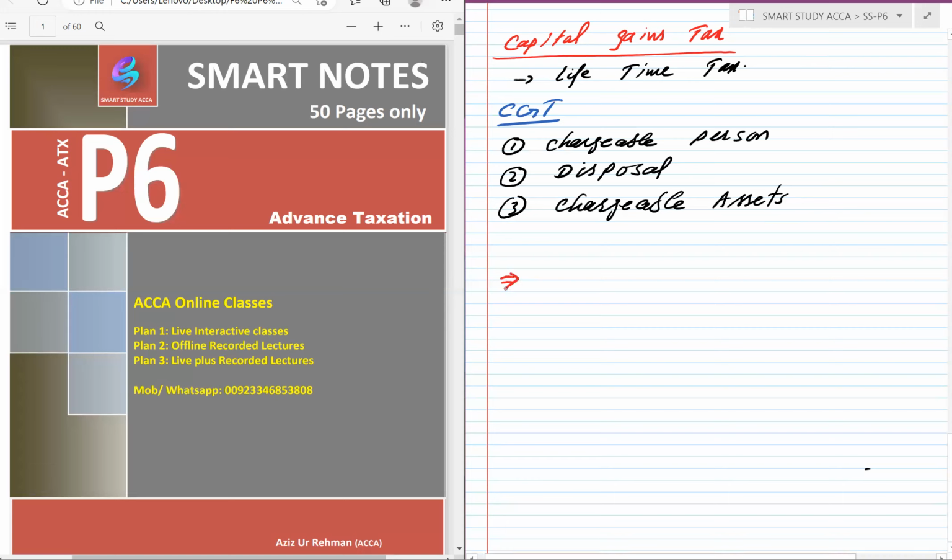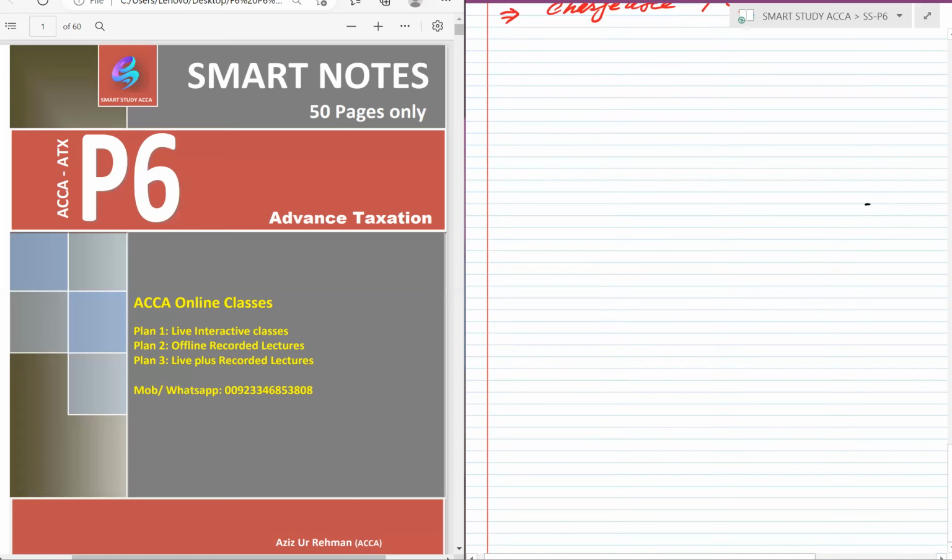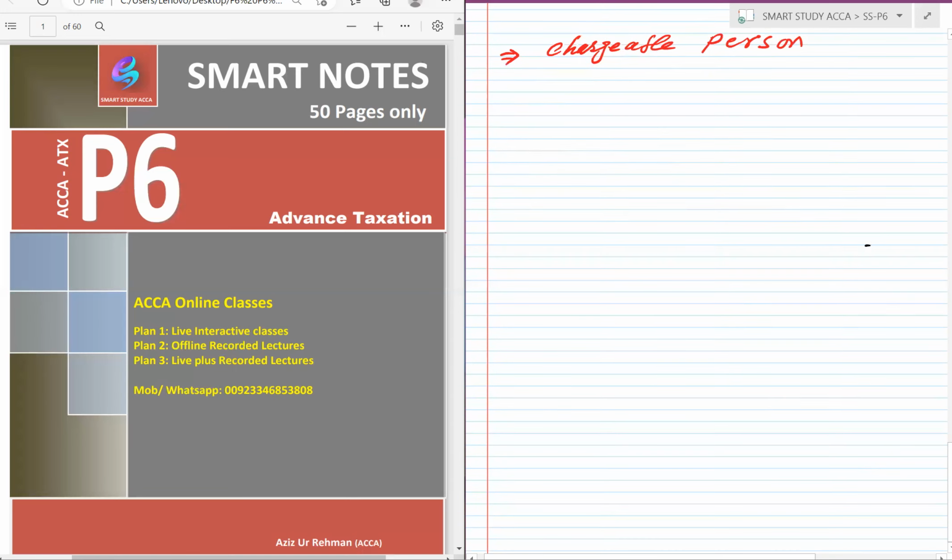The first term which I have written over here is chargeable person. The person who is going to pay capital gain tax is called chargeable person.